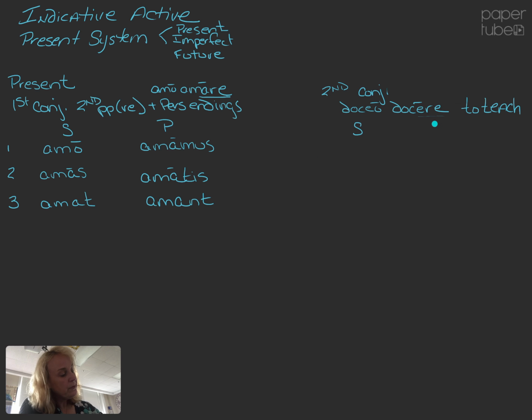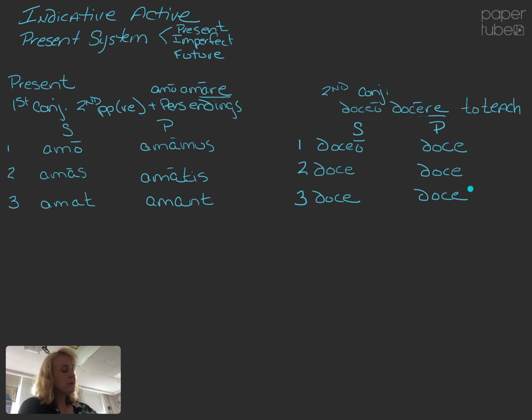Now, for the present system, it forms exactly like the first conjugation. So I'm going to take my first principal part, doceo, and then for all the rest, I'm going to use docere minus that RE. Just like with the first conjugation, I'm going to reserve my long marks until the end.